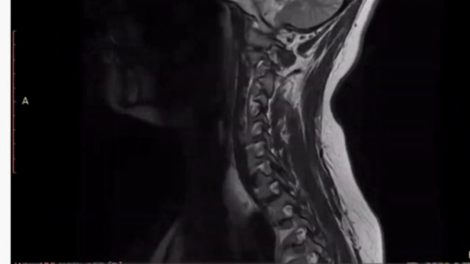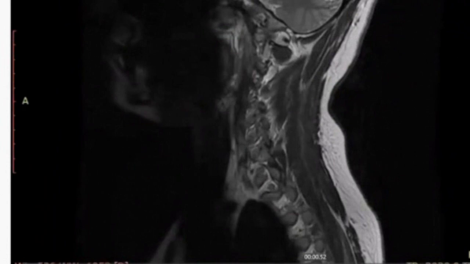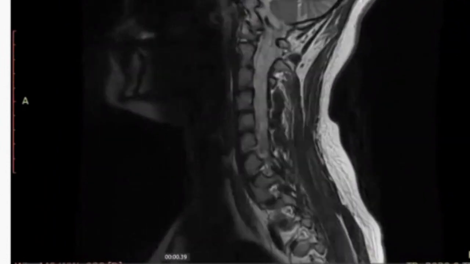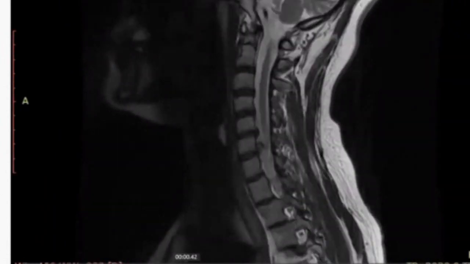Aisha is one of our patients also. I will show you the difference in how we treat these patients. She came with severe radicular pain in the distribution of the C7 nerve root.